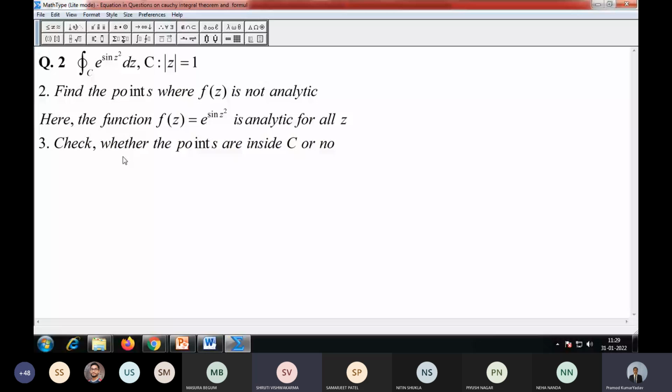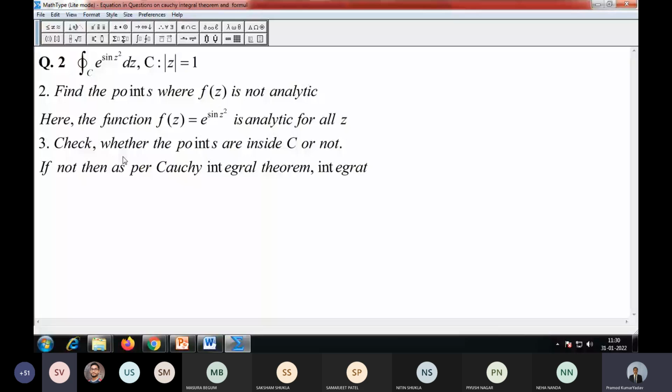If not, then as per Cauchy's integral theorem, the integration will be 0.